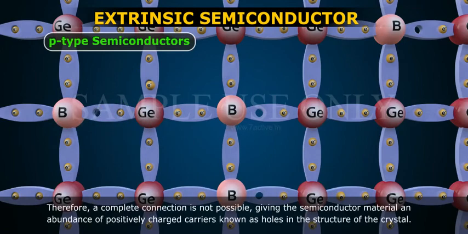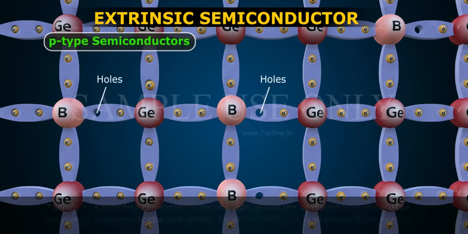Therefore, a complete connection is not possible, giving the semiconductor material an abundance of positively charged carriers known as holes in the structure of the crystal.